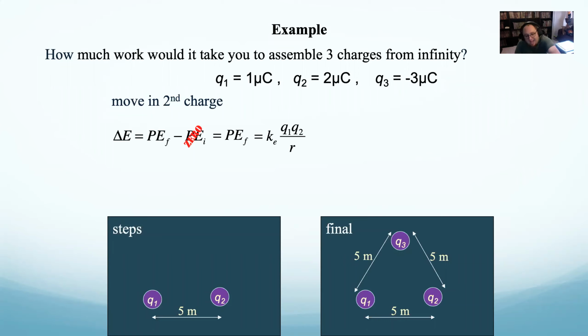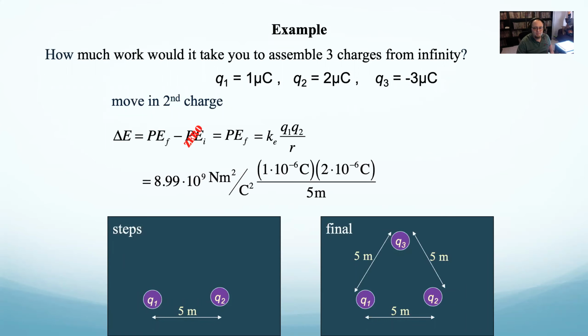And so to add that second charge, it'll take 0.0036 joules, because that's the amount of energy it takes to put Q2 near Q1.